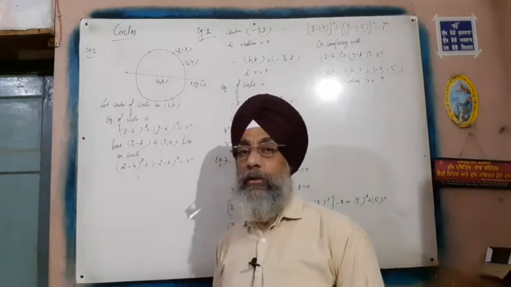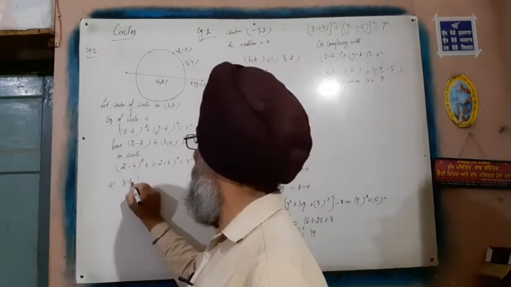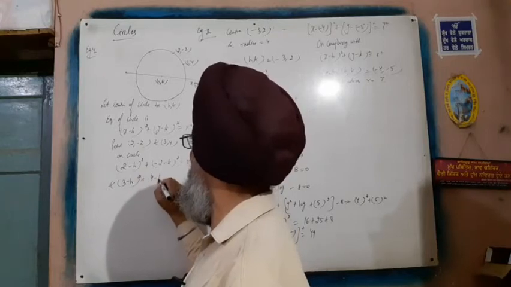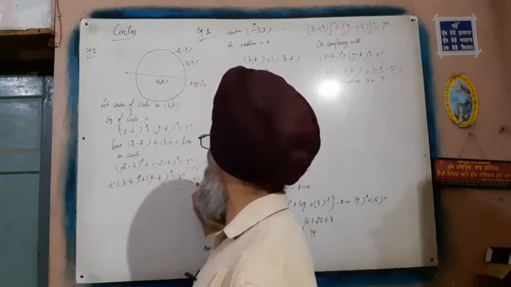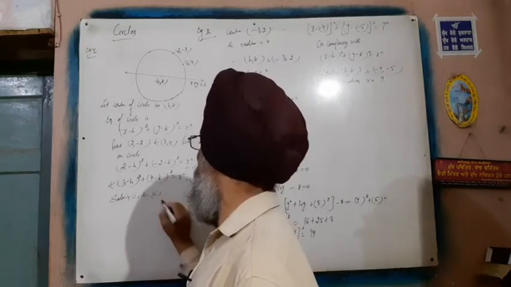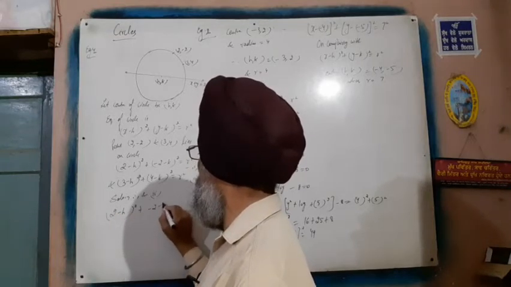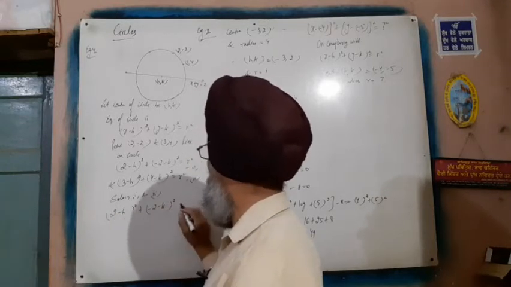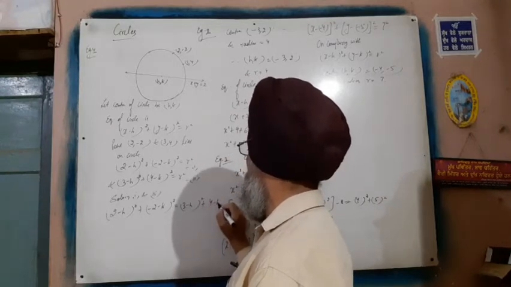And on 3 and 4, 3 minus h whole square, 4 minus k whole square is equal to r square. Solving first and second, we get 2 minus h whole square, minus 2 minus k whole square is equal to 3 minus h whole square, 4 minus k whole square.